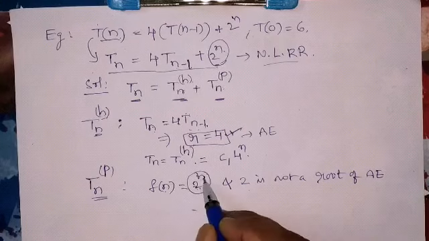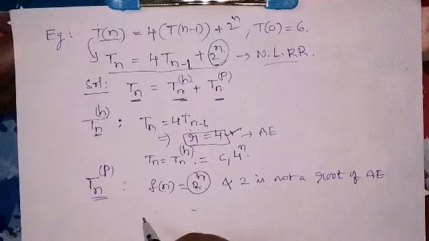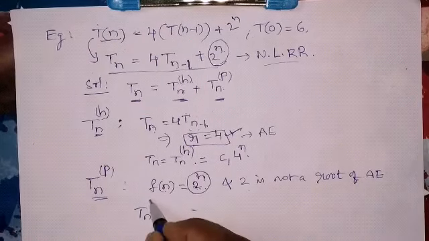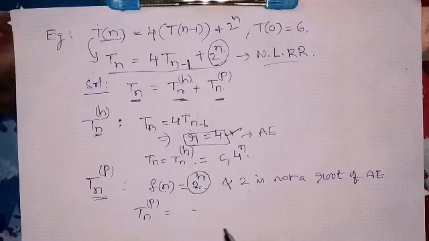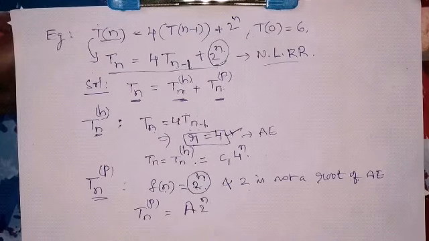Because f of n is 2 power n and 2 is not a root, now we have a guess of the required particular part. Let it be a constant a into 2 power n.